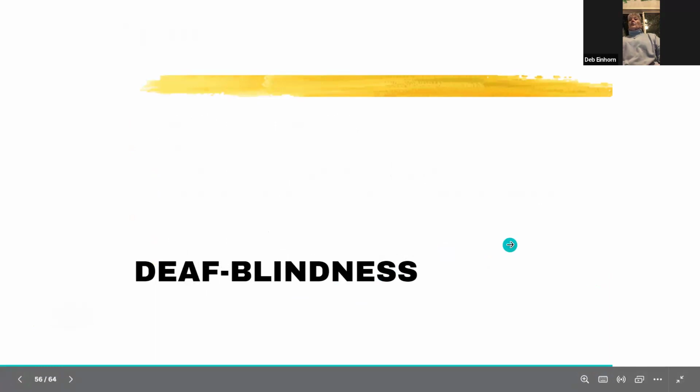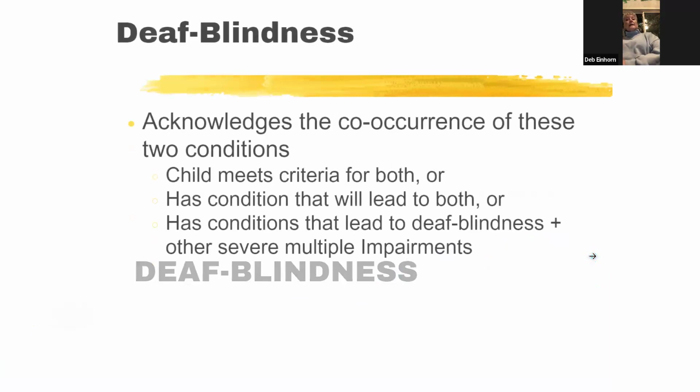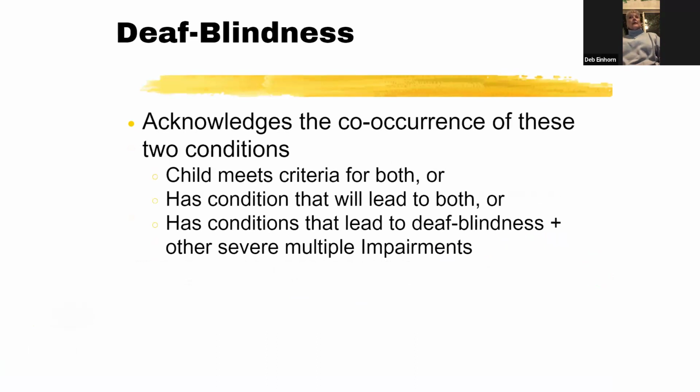We have another category that is called deaf blindness, because obviously students who are deaf or students who are blind have another sense that they can rely on, which is going to help them use accommodations and modifications, and is going to give them a lot more ability to learn.